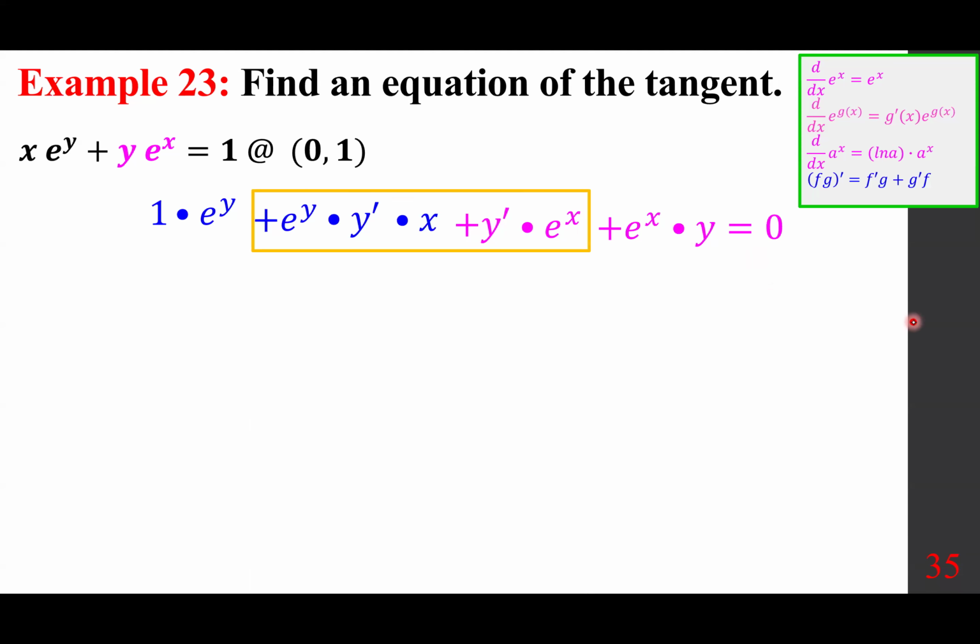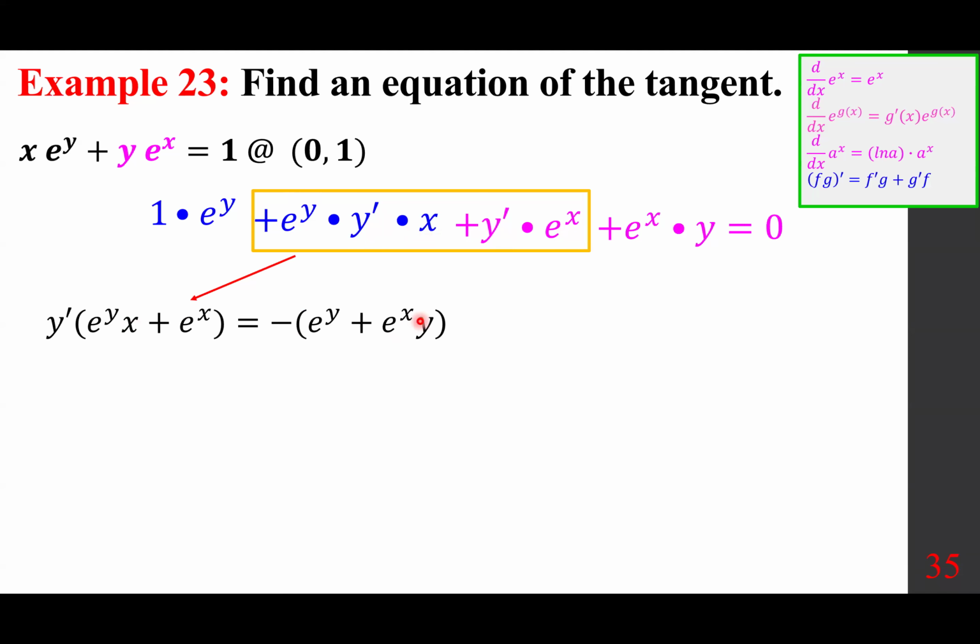So this becomes negative e to the power of y, and this becomes negative e to the power of x y, or you put a negative in a parenthesis. These two, if you take y prime out, this one gives you e to the power of y times x, and this one just gives you e to the power of x. So that's this factoring, everybody.